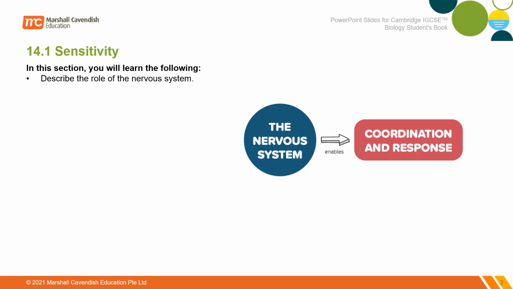So you should write the ability to detect any change, or instead of change, internal or external environmental change, we can write stimuli or stimulus, singular and plural, it is the same, in order to respond, to protect your body, for example. But I want you to write to respond to this change.